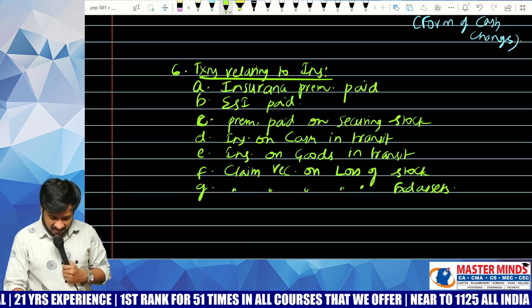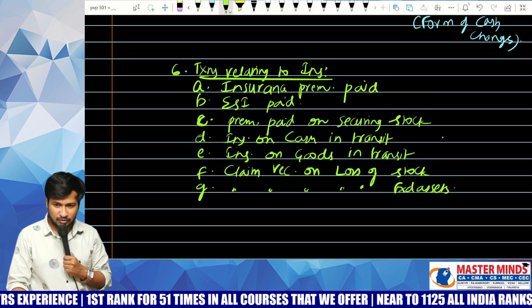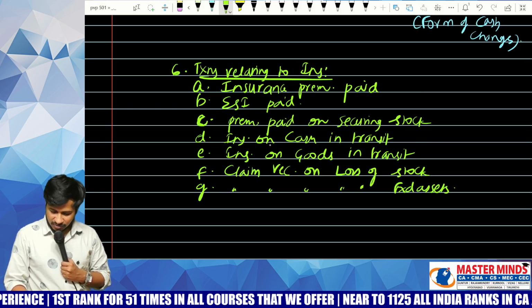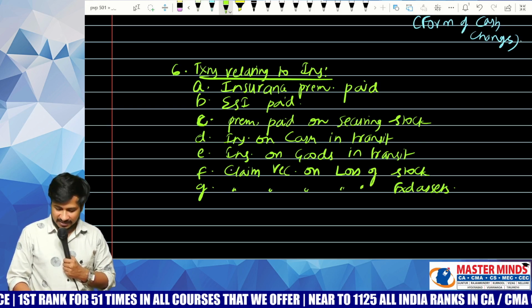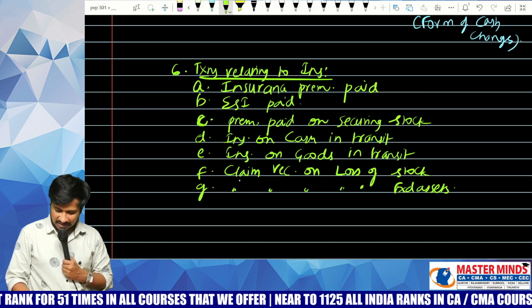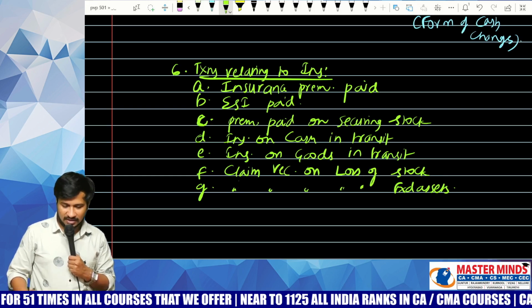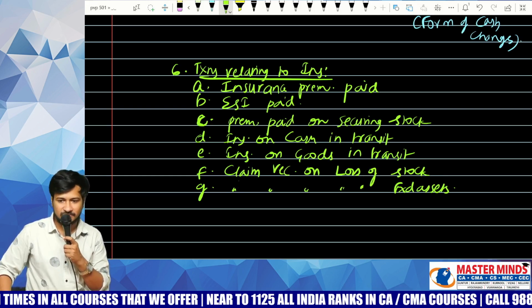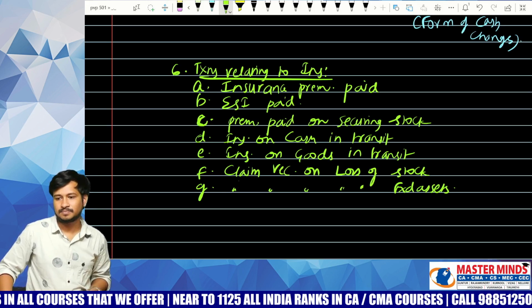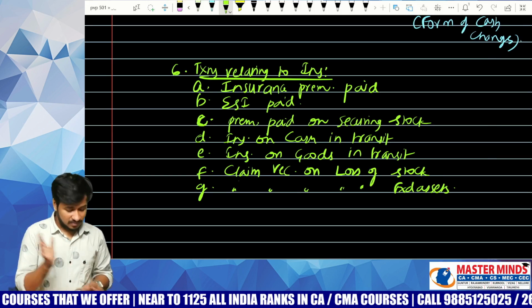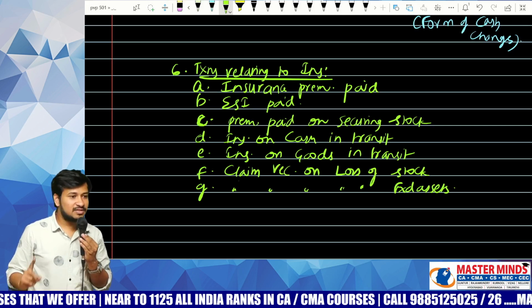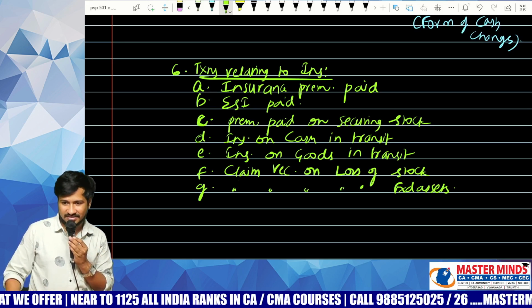Insurance premium paid, ESI paid, premium paid on securing stock, insurance on cash in transit, insurance on goods in transit, claim received on loss of stock, claim received on fixed assets. Yes, even there is insurance on cash in transit.